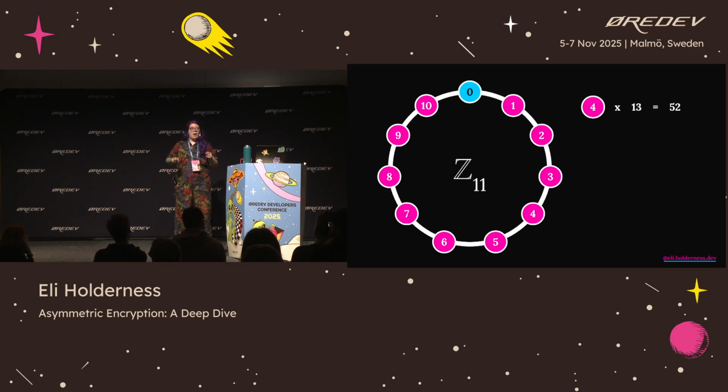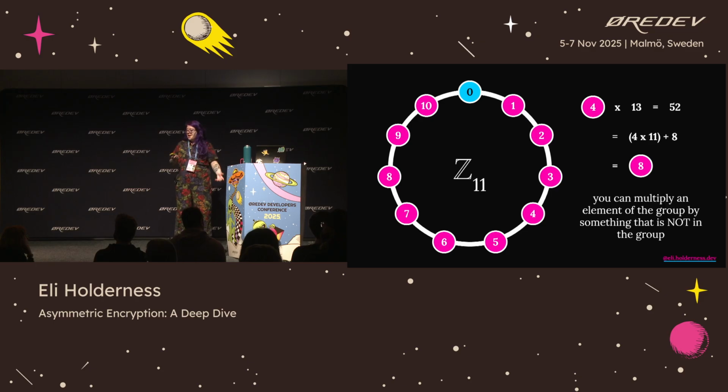It's just saying we're combining 4 with itself 13 times. And because the combination operation that we're using here is the addition that we're all familiar with, this does actually work how we expect. We do 4 times 11 plus 8. So, 13 is 11 plus 2, so you do that, and you end up with 8. And if you did 52 mod 11, you would also get 8. So this does work out in the way that we expect.